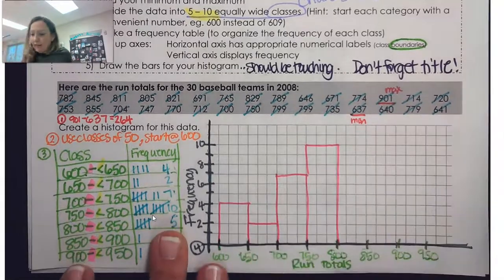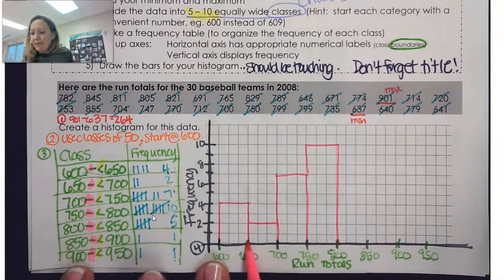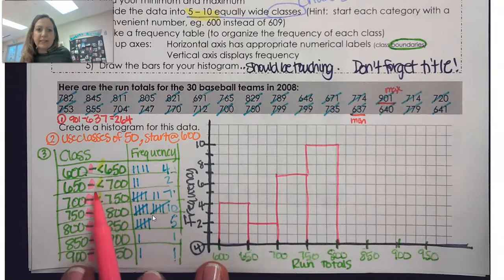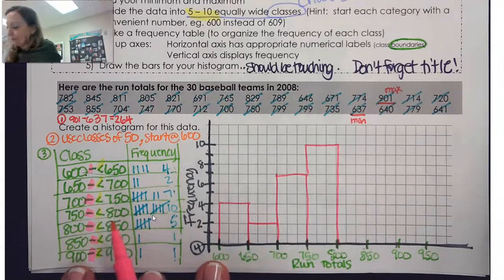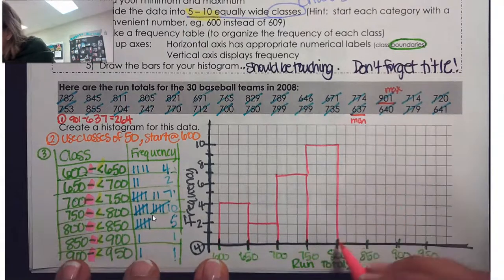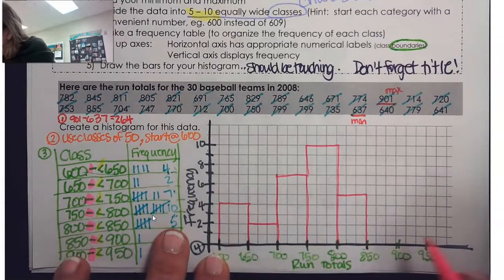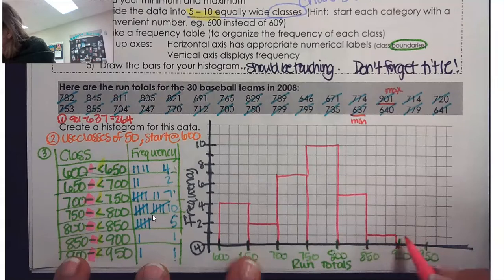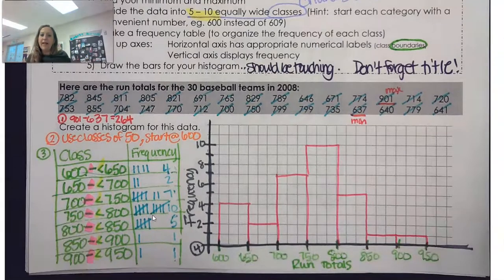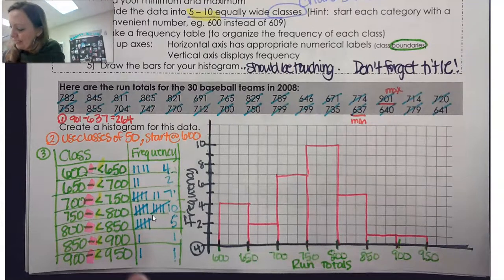Do you guys see that there are no gaps because I have the continuous classes here? That's what we want. And then 5 was our next one. And then 1, and then 1. And I know it seems funny, but I've never seen a histogram that's not shaded in.